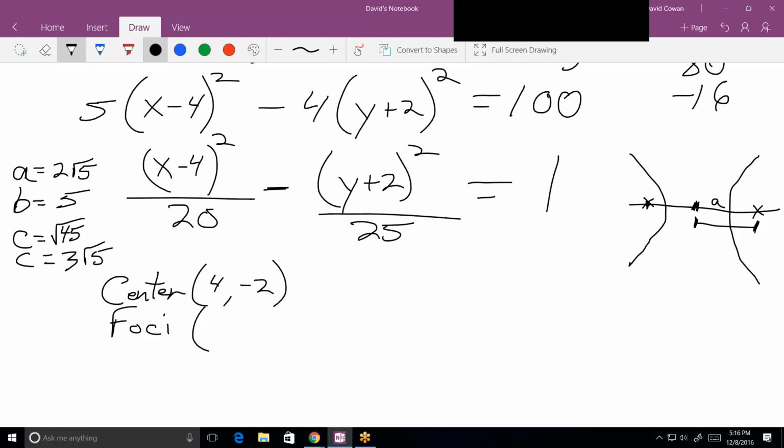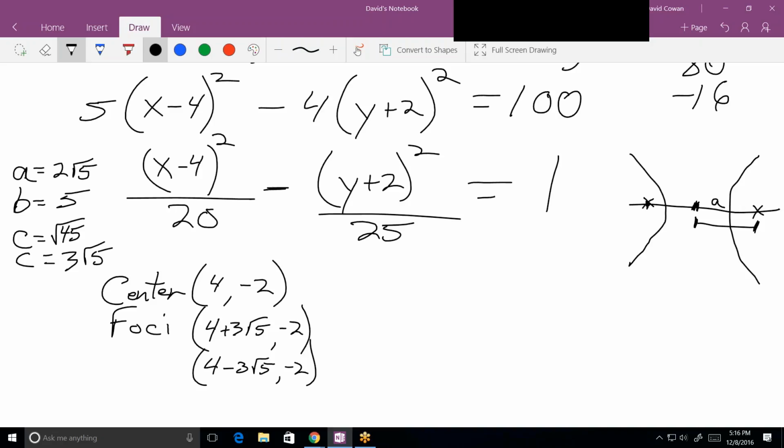So you take the center and add 3 root 5. So the foci are 4 plus 3 root 5, comma, negative 2, and 4 minus 3 root 5, comma, negative 2.